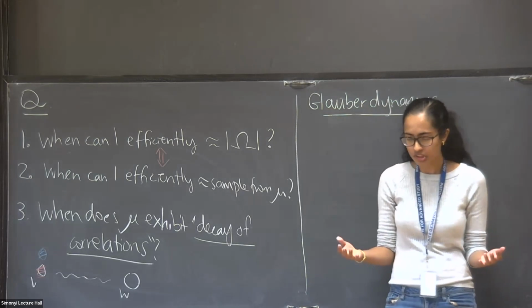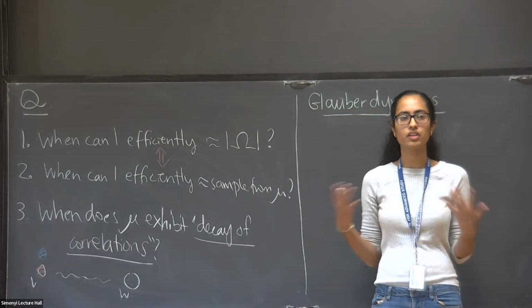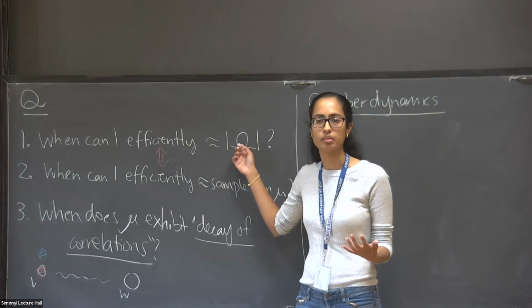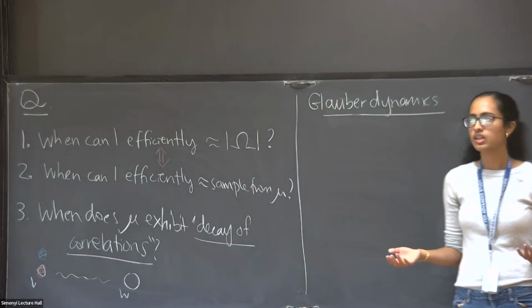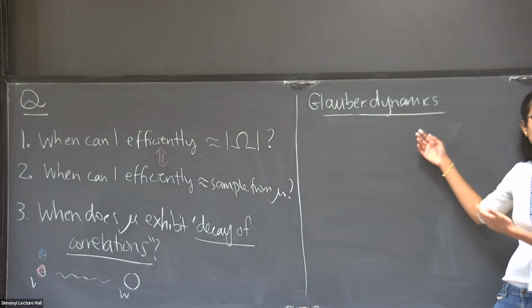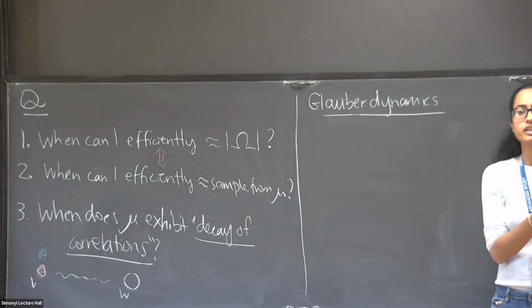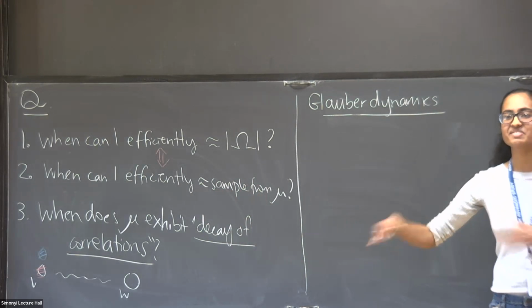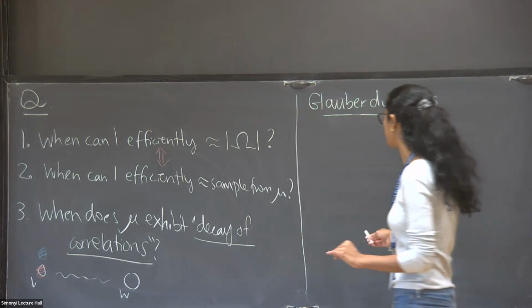It's a distribution where the size of the sample space is exponentially big, and we don't even know how big it is, right? We don't exactly know how big omega is. And so a common way to try and sample from these distributions is often called Gibbs sampling or Glauber dynamics, which is just that you run a Markov chain that makes local updates for hopefully not too many steps. And then when I spit out a sample, I hope that it is close to the uniform distribution.